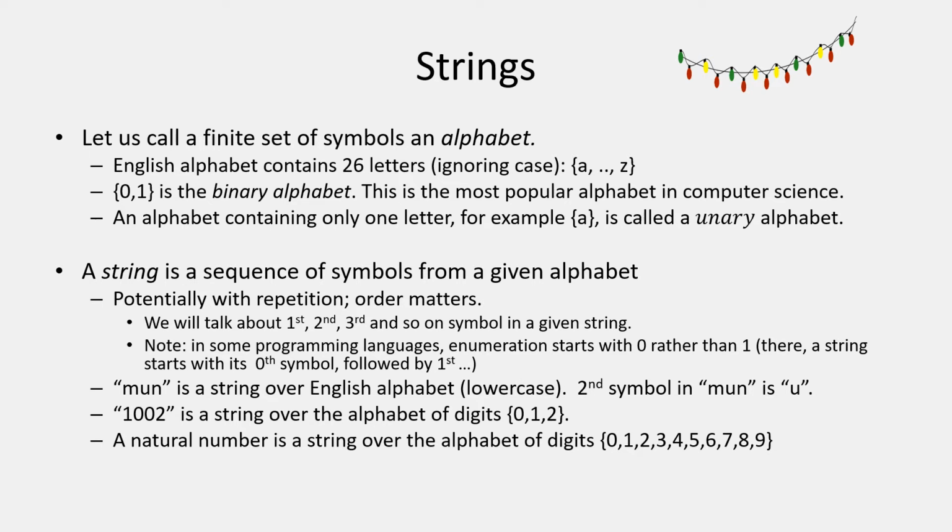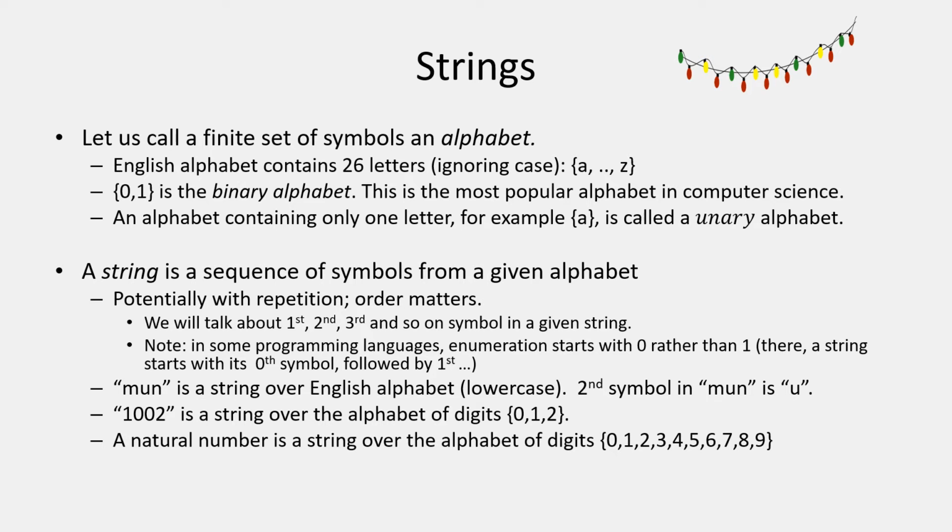So here are some examples. Sticking with the lowercase English alphabet, we could write mun, M-U-N, as a string. So the string has three symbols. The second symbol is U, first is M, third is N. 1002 is a string over an alphabet of digits 0, 1, and 2. Well, we could also say it's an alphabet of all the digits, but here we're only using 0, 1, and 2.